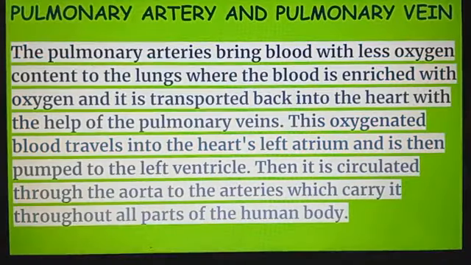Then the other two important blood vessels are the pulmonary arteries and the pulmonary vein. The pulmonary arteries bring blood with less oxygen content to the lungs, where the blood is enriched with oxygen. How is it enriched with oxygen?